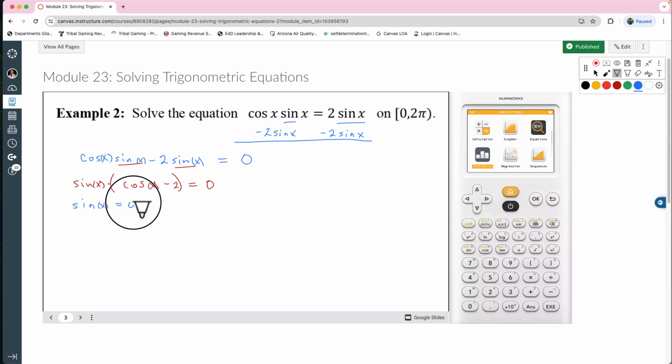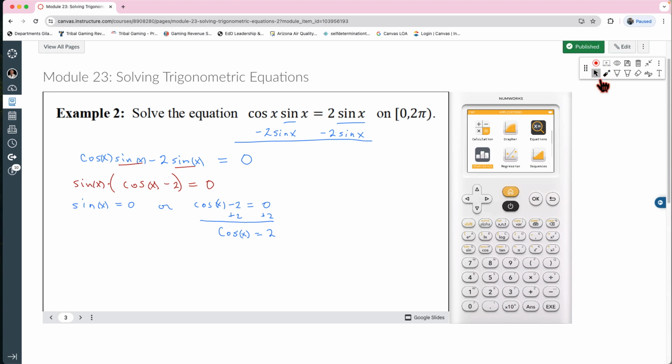So sine of x is equal to 0, or cosine x minus 2 is equal to 0. Let's deal with this one first, because we saw this a little earlier. Maybe we add 2 to both sides. We get cosine x equals 2, which we remember is not possible, so this does not give us a solution.